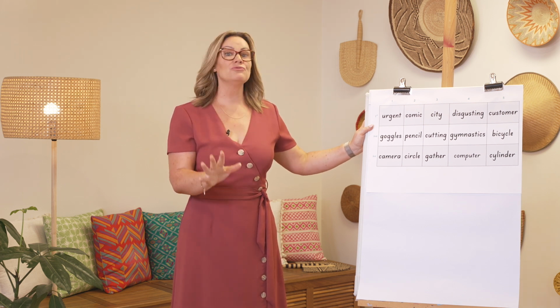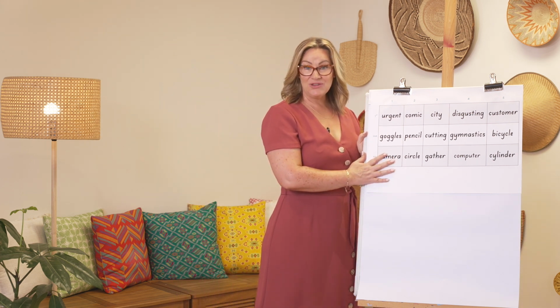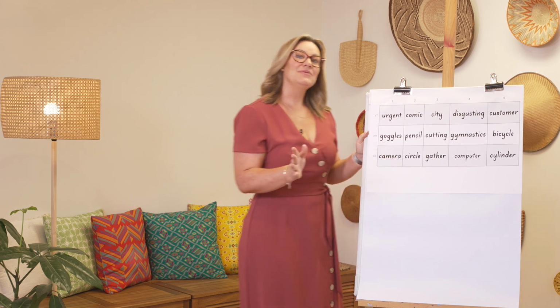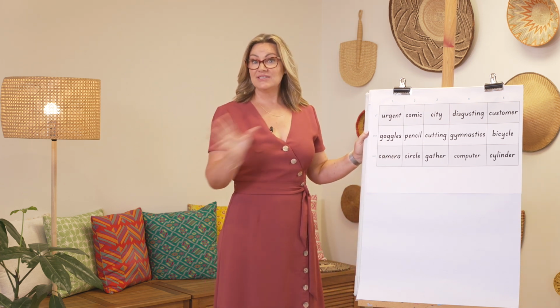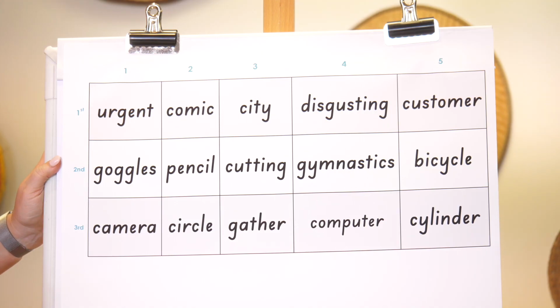Then have a go at reading yourself. Many of these words you've seen throughout the week. Some of them are new. Some of them have prefixes or suffixes added. Pause the video. Have a go on your own first, and then we'll come back and read together.